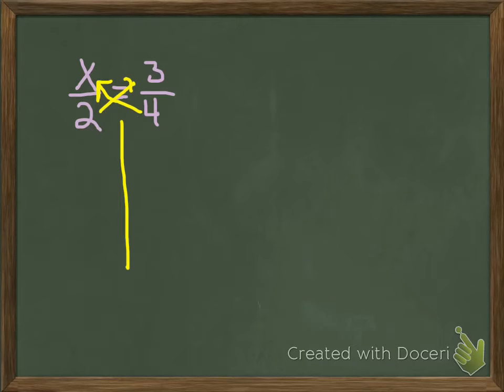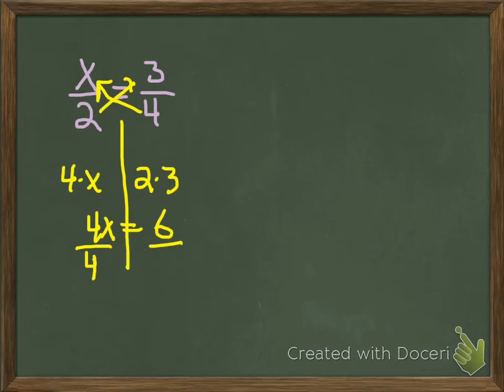And that would mean you'd have a 4 times an x on this side, and a 2 times a 3 on this side. And 4 times x is 4x, and 2 times 3 is 6. And you'd get to here, but remember we're trying to solve for x, so the next step would be to divide by 4 and divide by 4, and x is going to equal 6 divided by 4, some decimal, or you could reduce that down. 6 over 4 is really the same as 3/2.